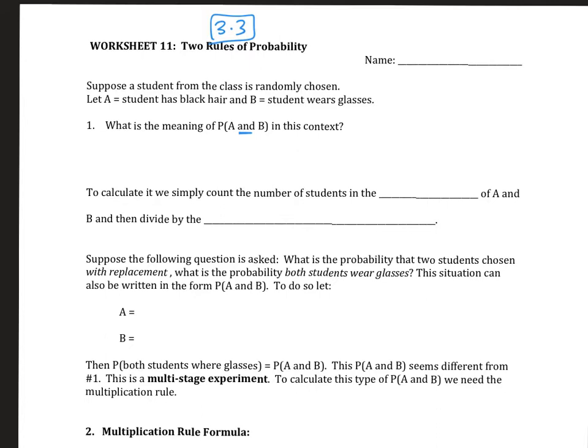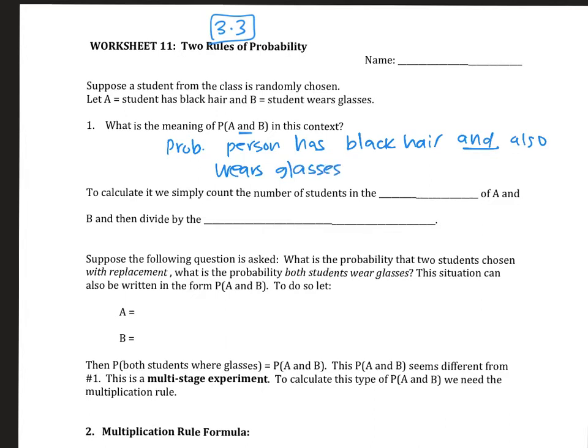So this is the probability that this person has black hair and also wears glasses. That's what "and" means.